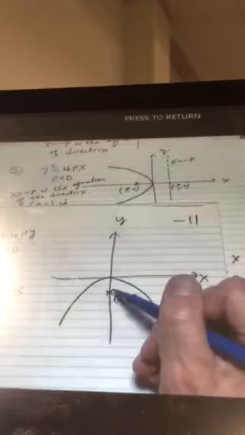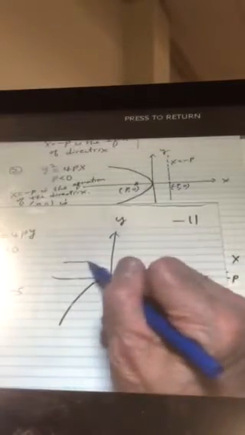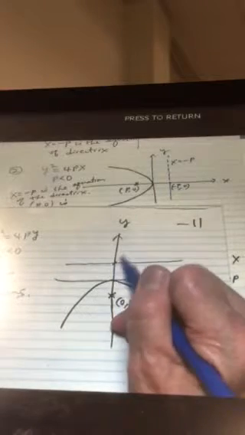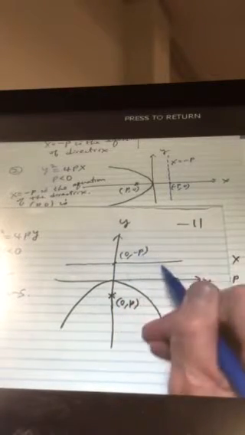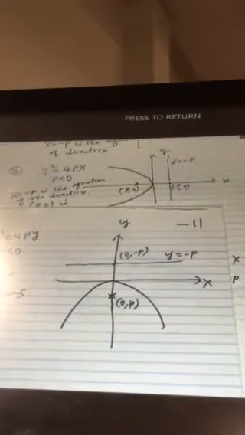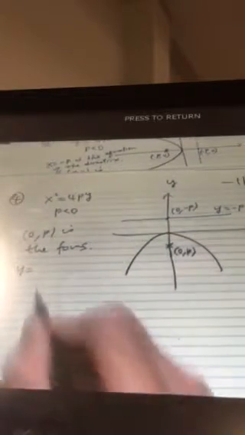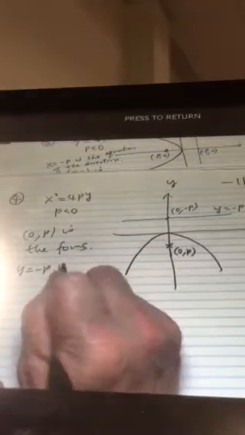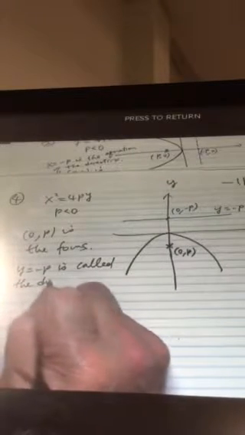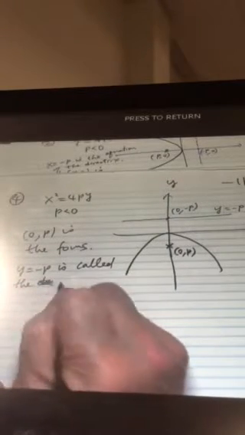And for this guy, the last one, if this point is (0, negative p), and this line is y equal to negative p. So this line, y equal to negative p, is called the equation of the directrix.